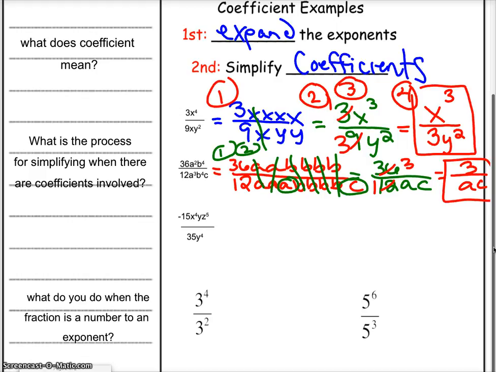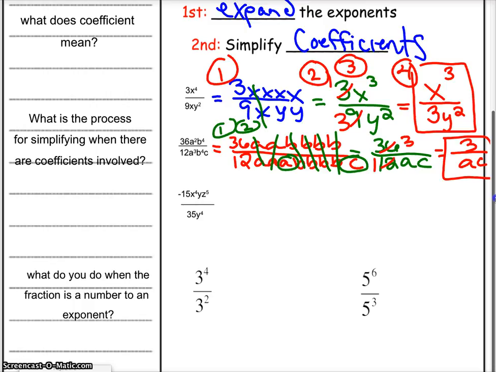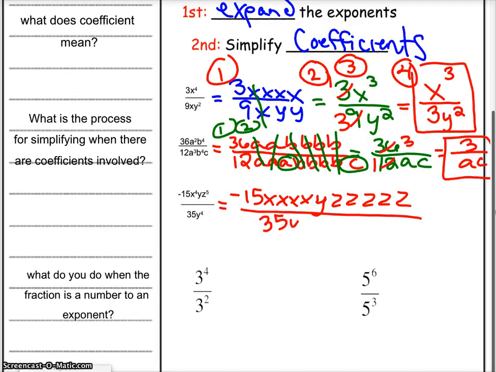How are you feeling with this? Feeling okay? Well, we are almost done. Just a few more examples. Okay, this one, expand, negative 15, 4 x's, a y, 5 z's, over 35, and 4 y's. 1, 2, 3, and 4.